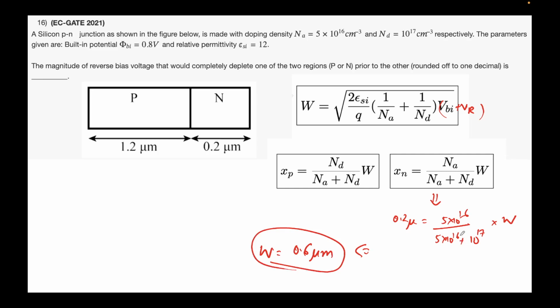It's a very simple calculation. So W is coming out to be 0.6 microns. In that case, this will be depleted completely. This will turn out to be Xn here, and this will go something like this.